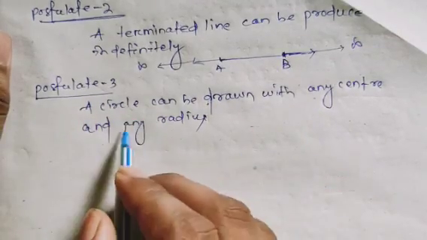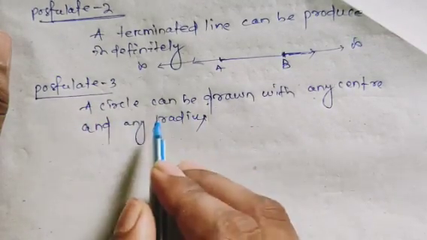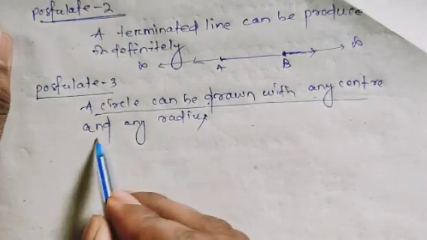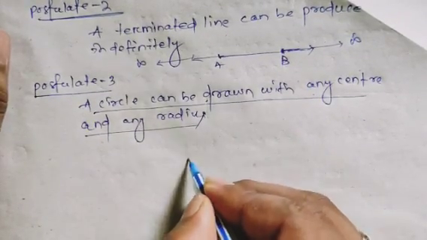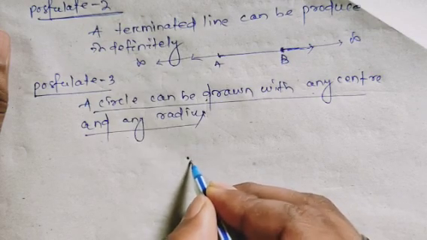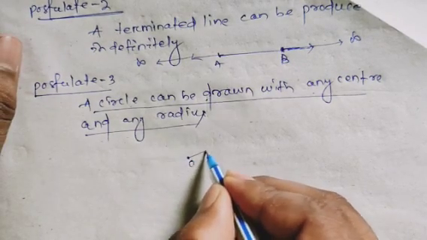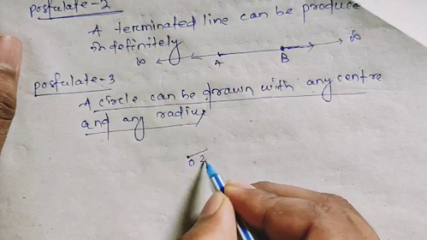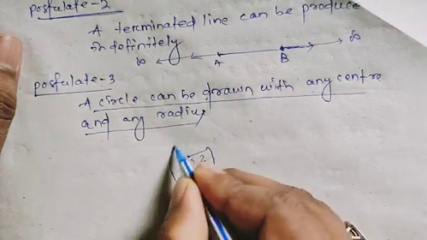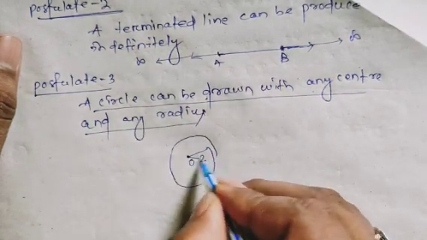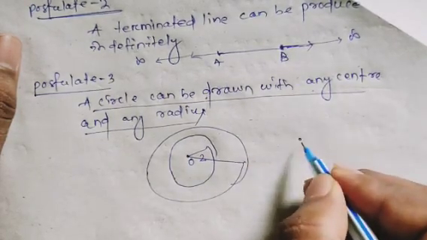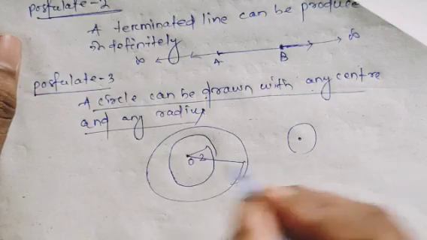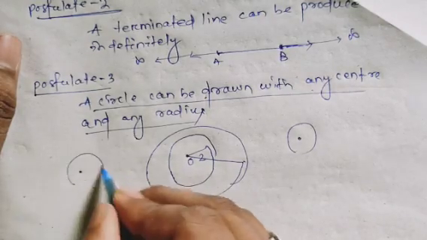In postulate number 3, Euclid stated that a circle can be drawn with any center and any radius. That means if this is a point and this is the center of a circle O, I can take any kind of radius. I can take 2 as radius and draw a circle. I can take 5 as radius and draw a circle. I can take a point here and draw a circle.